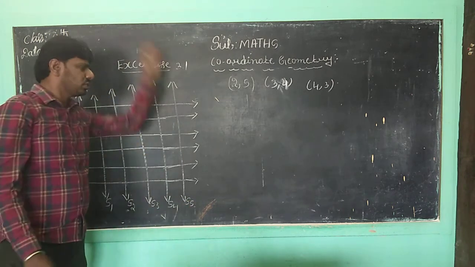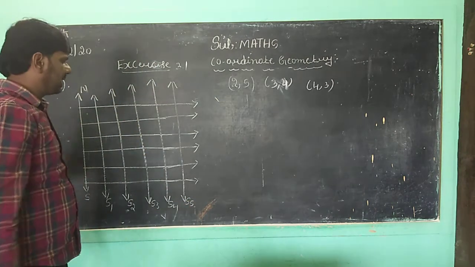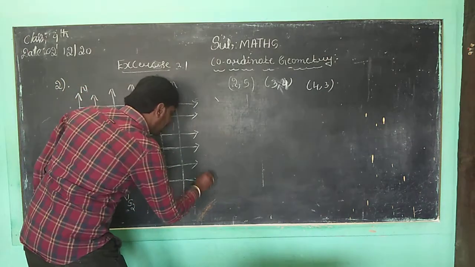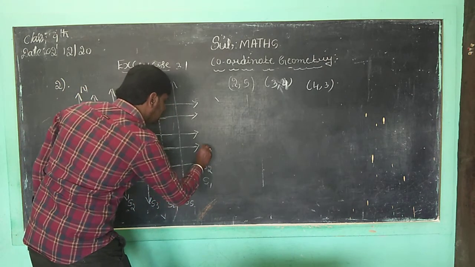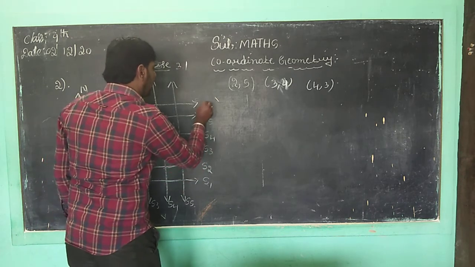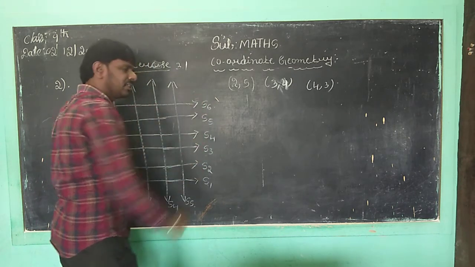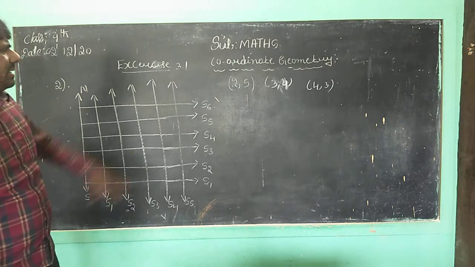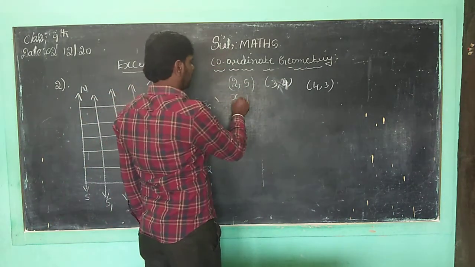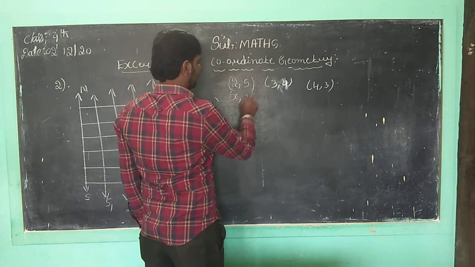Children, here also this is the vertical line and this is the horizontal line. You want to represent street 1, street 2, street 3, street 4, street 5 and street 6. Correct, children?